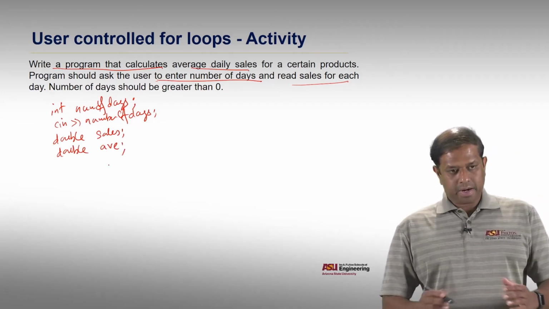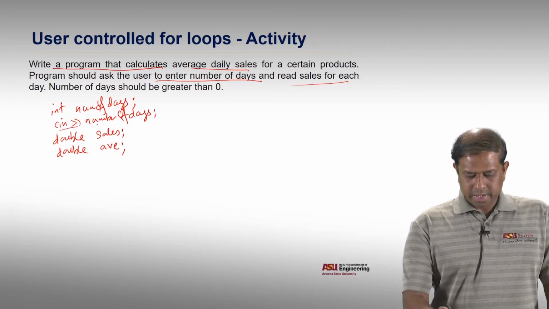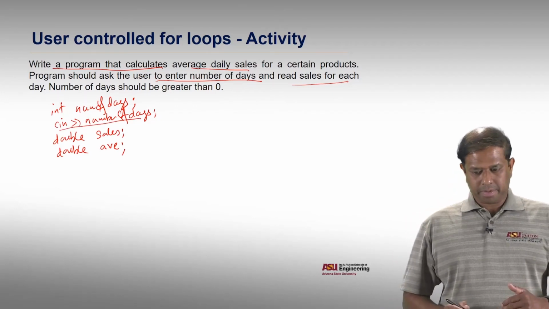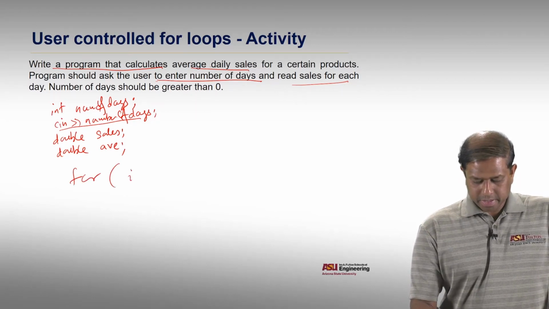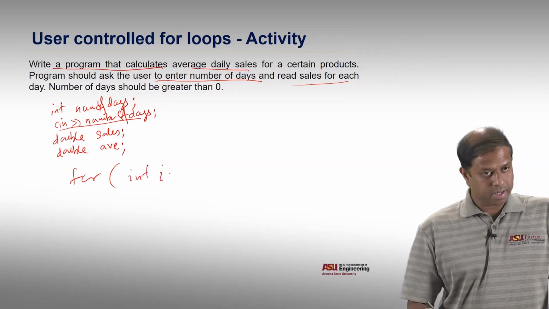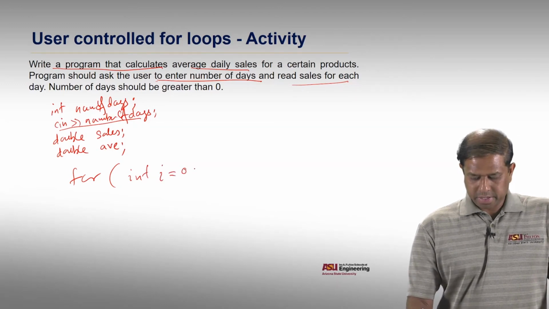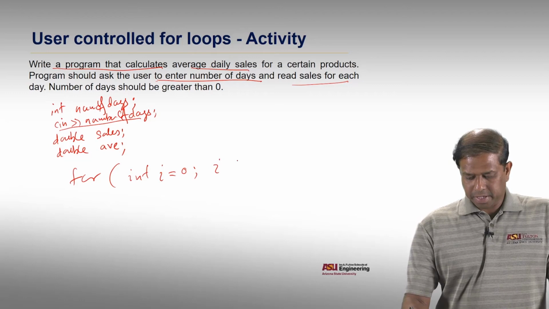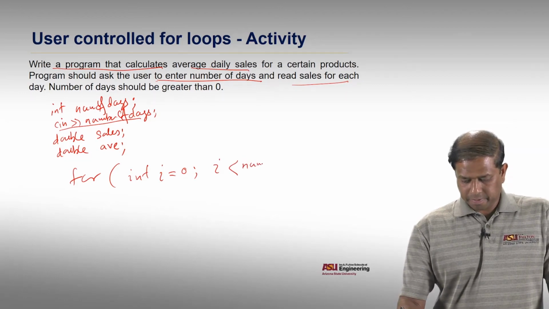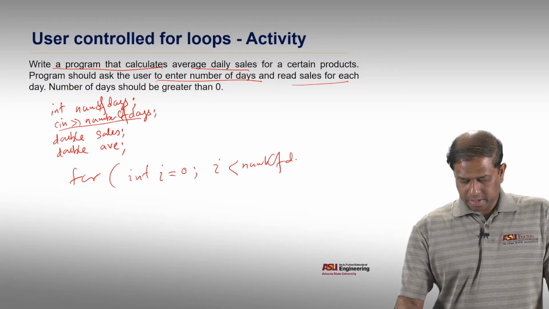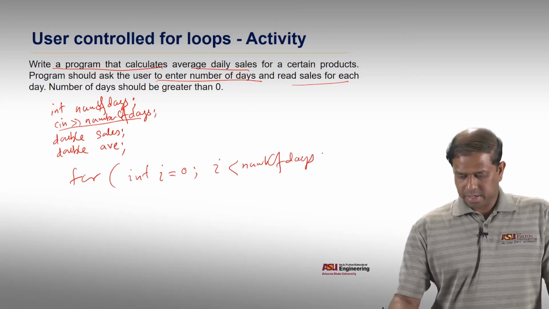Now we can write a loop using this number of days variable to determine how many times we need to repeat. Let's write a for loop for that. We start the counter, let's say i as 0, and then i should be less than number of days, and then we increment i by 1.